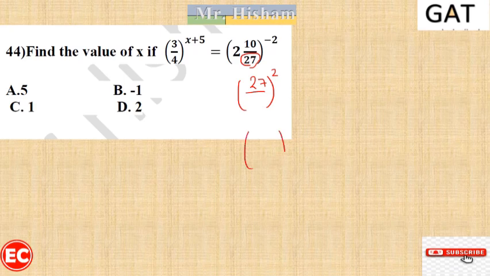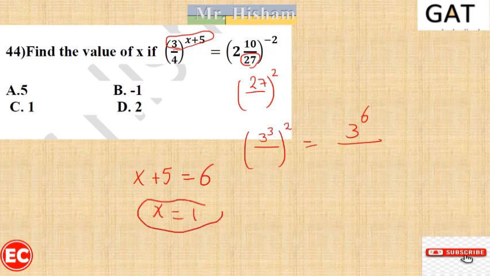And then we can write 27 as 3 power 3, all to the power of 2. So it's equal to 3 to the power of 6. And here is 3 to the power of x plus 5. So x plus 5 should equal 6, so x should equal 1. This is the simplest method to solve this question.